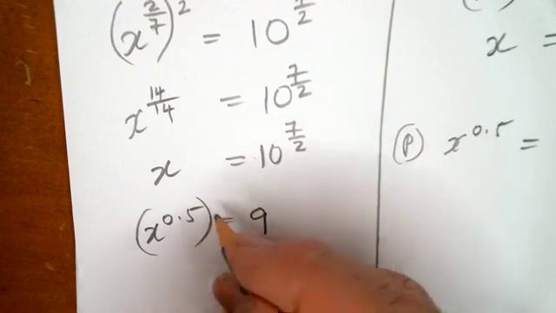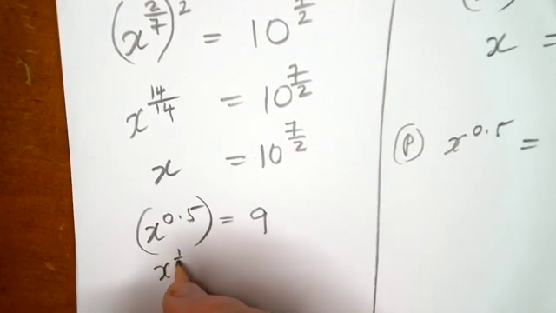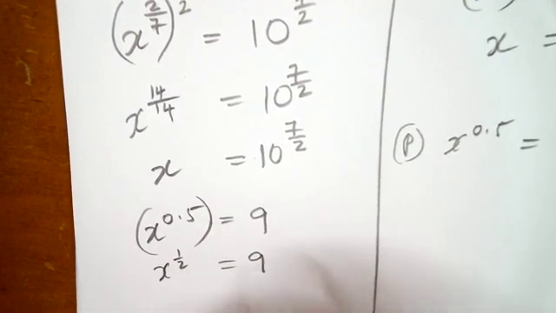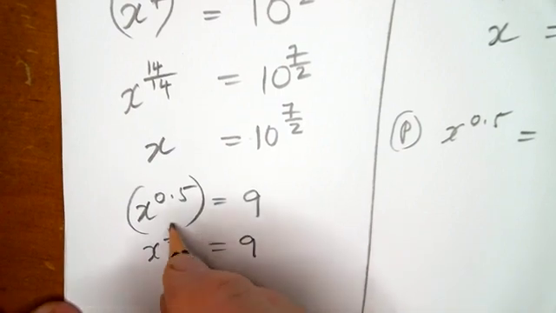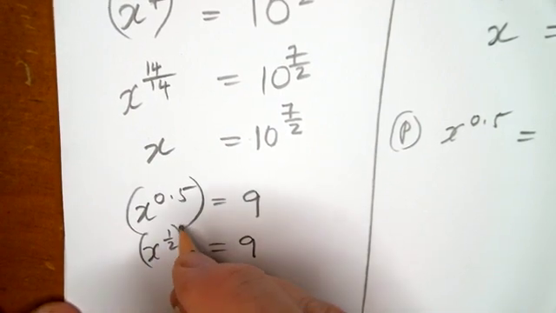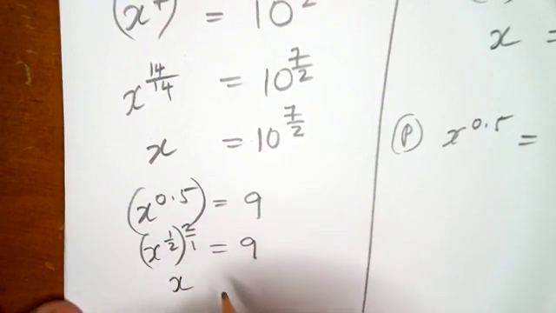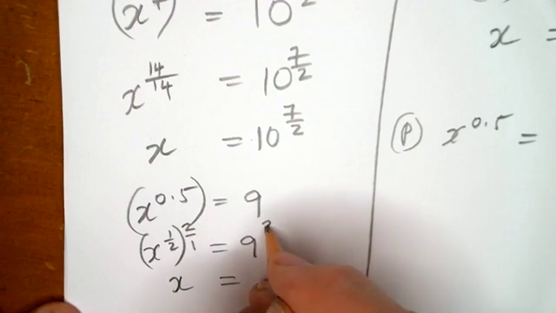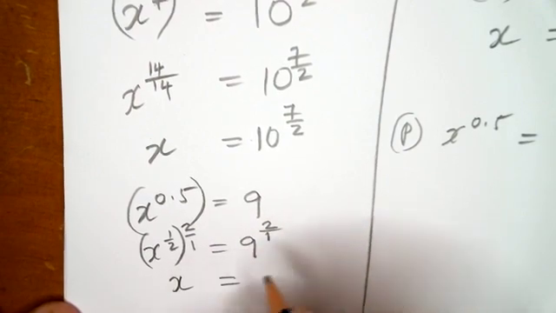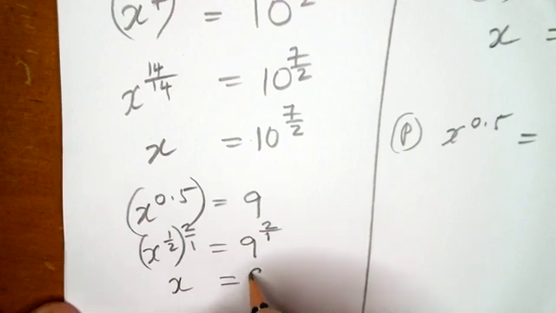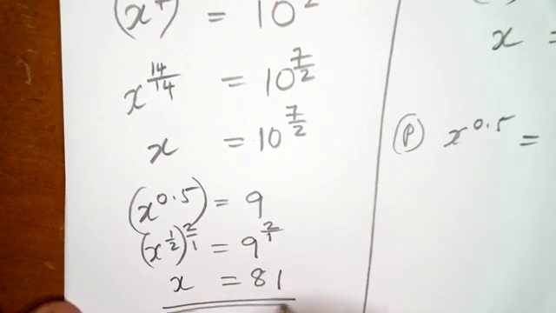So in fact, I'm going to rewrite that as x to the half is equal to 9. So what I'm going to do is take that and put that to the power of 2/1, because a half times 2/1 is just 1. So I'm going to put this to the power of 2/1 as well. And I've got 9 to the power of 2. 9 squared is 81. And there's my answer.